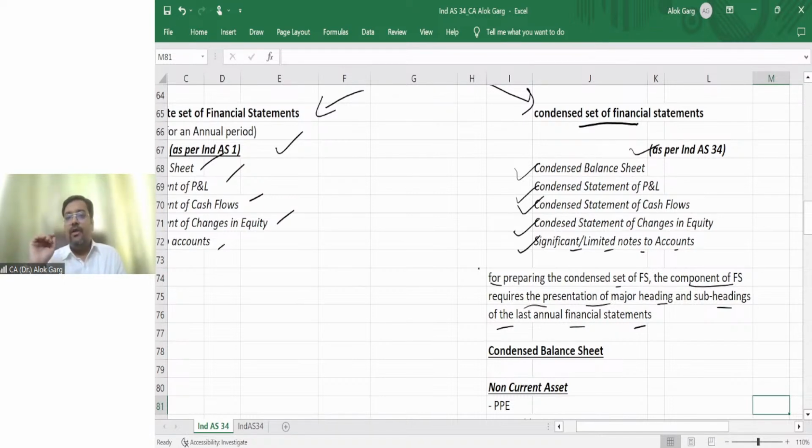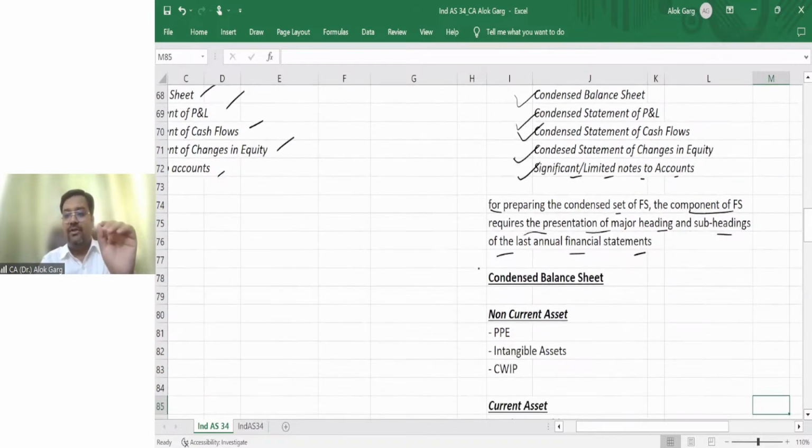Okay. So in the condensed set, when you are preparing a condensed balance sheet, condensed P&L, condensed statement of cash flow, condensed statement of changes in equity, at least you have to publish the major headings and subheadings of the last annual financial statement.